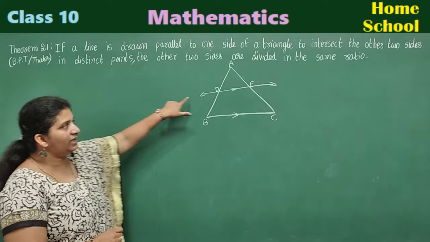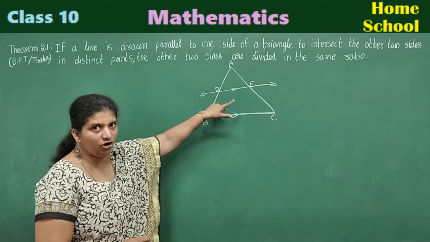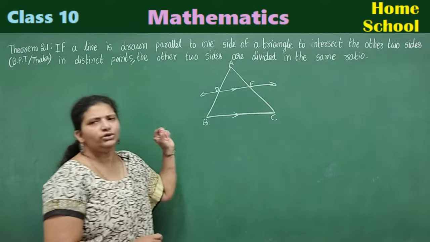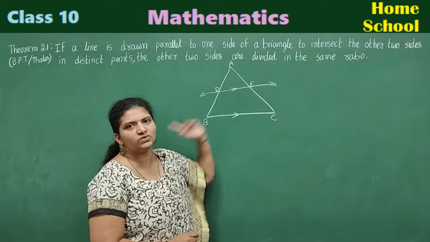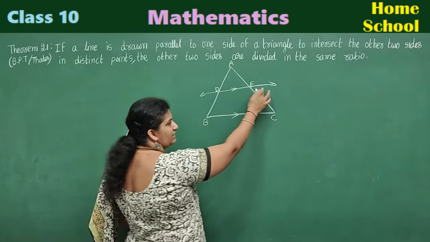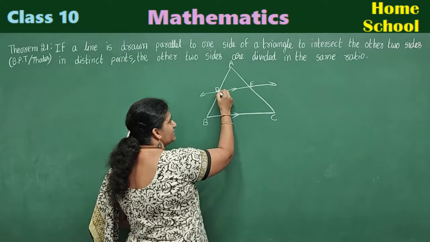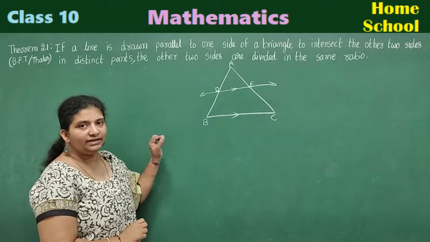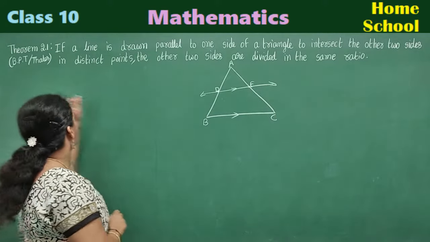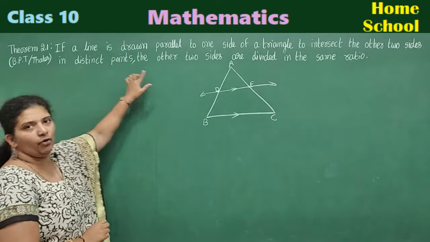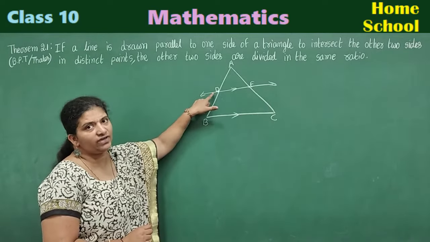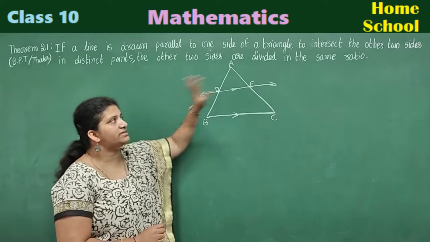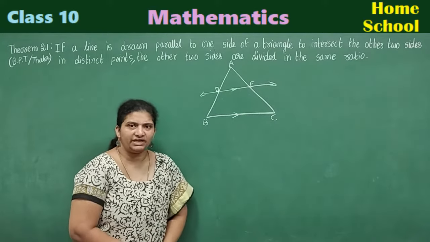If a line is drawn parallel to one side of a triangle to intersect the other 2 sides. Where is this line intersecting the other 2 sides? Intersecting at point D and point E, intersecting the other 2 sides in distinct points. Those distinct points we have marked as D and E. The other two sides are divided in the same ratio.